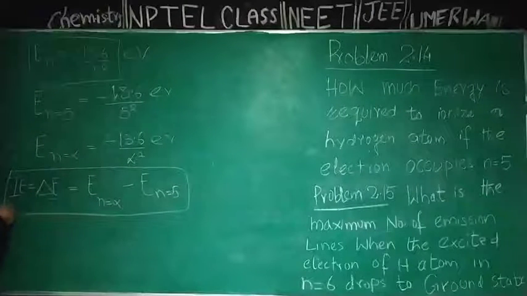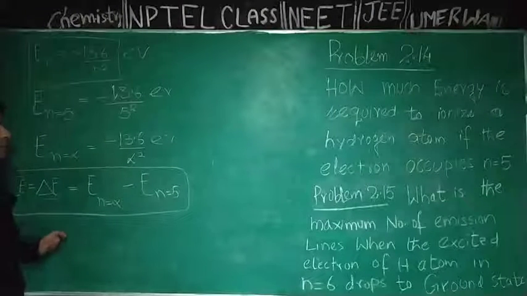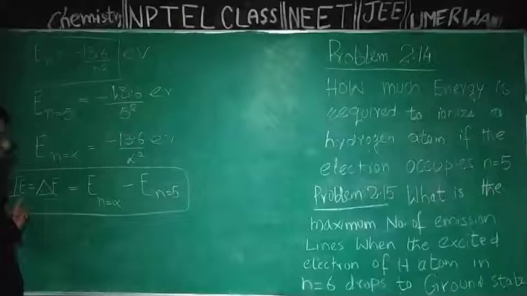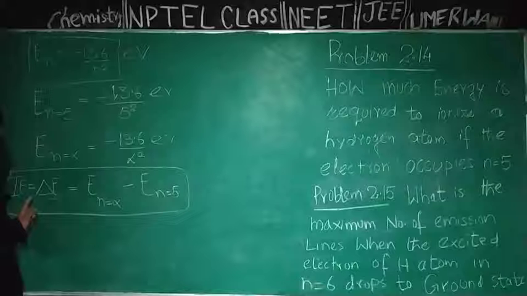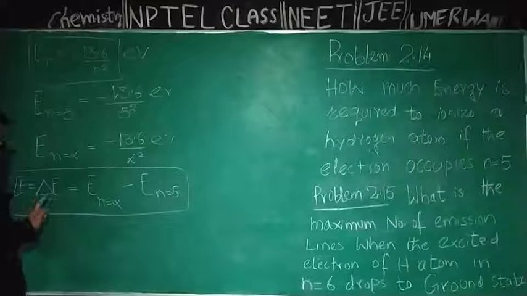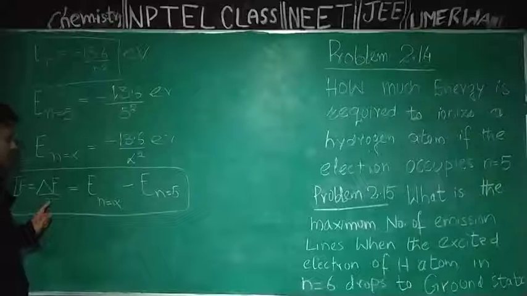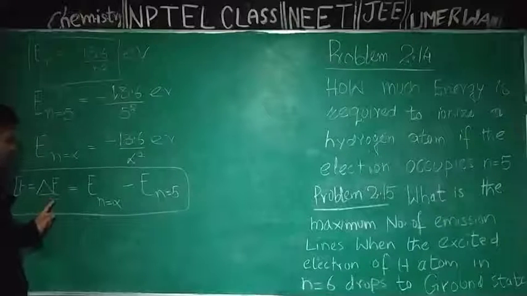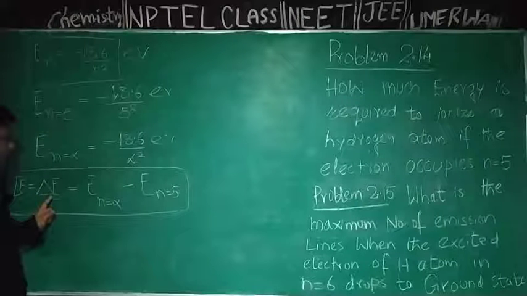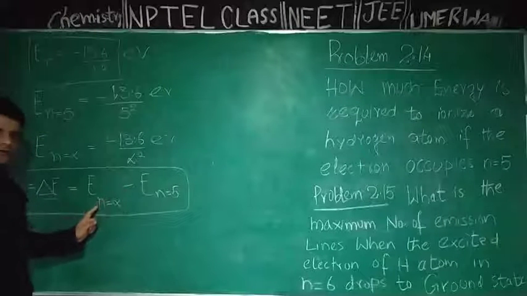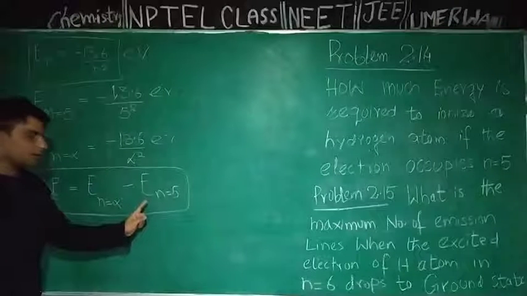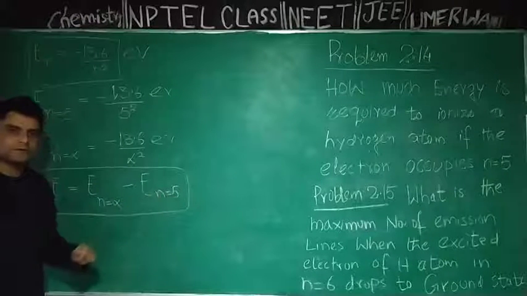This equation I will use to solve problem 2.14: the ionization energy required to take the electron from the fifth orbit of the hydrogen atom to some infinite place is equal to the energy of the electron at infinity minus the energy of the electron in the fifth orbit.